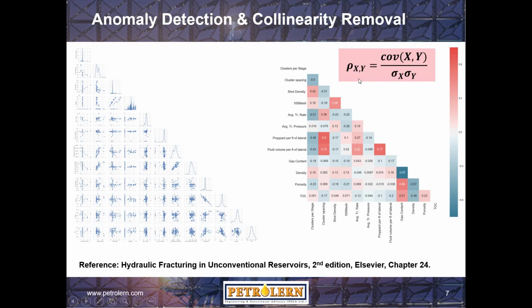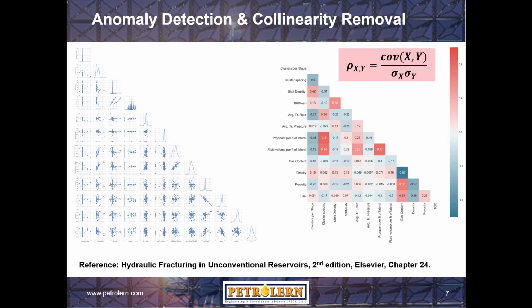This is the Pearson correlation coefficient, which is simply the covariance of variable x and y divided by standard deviation of variable x times standard deviation of variable y. And this Pearson correlation basically tells you which features are heavily collinear, so you can remove those features from the analysis.